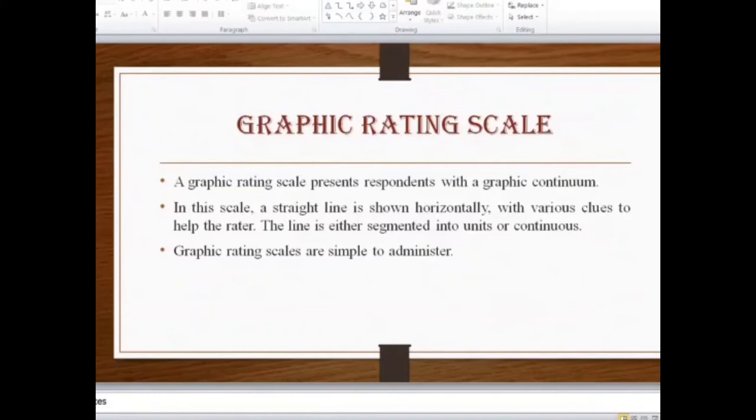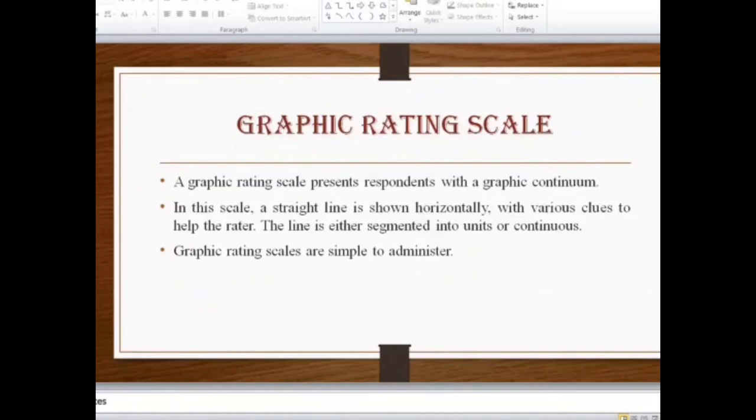If the line is segmented, the number of segments can be varied from case to case. The rater is asked to judge the level of effectiveness for each ratee using that rating continuum.